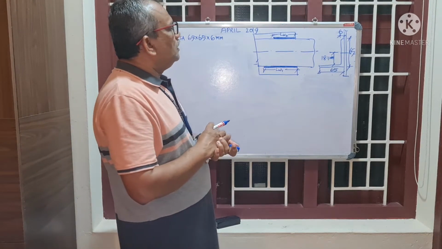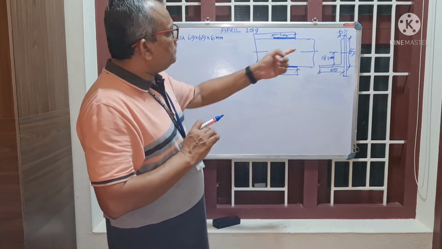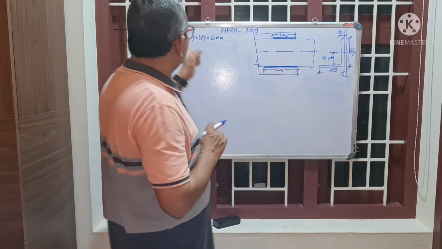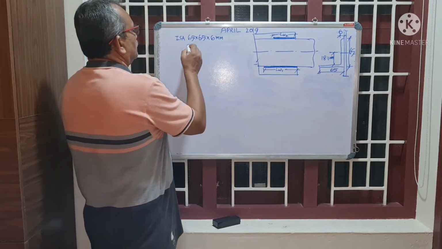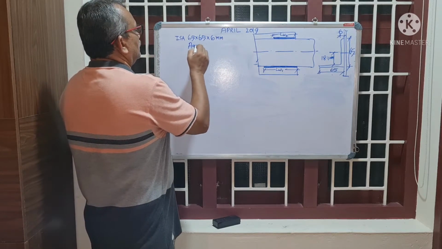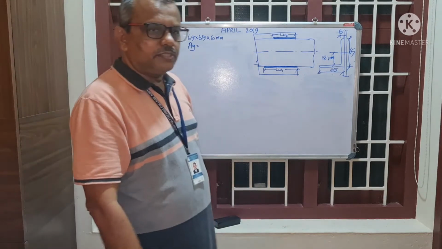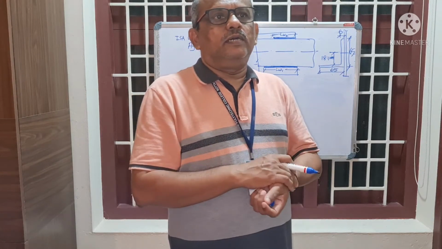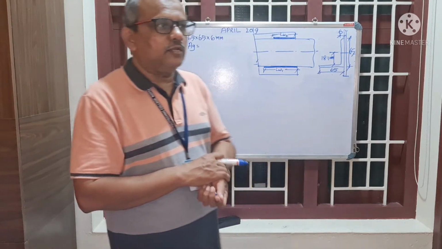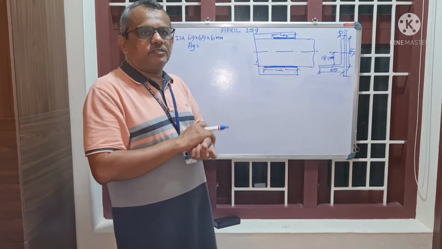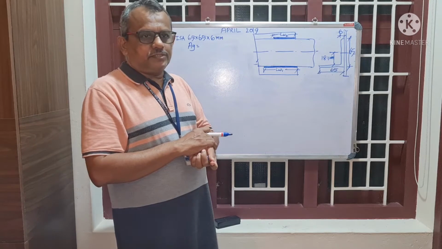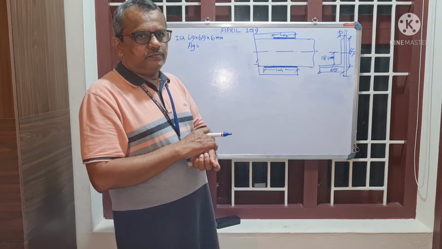Okay. Now, for this particular ISA 65 by 65 by 6, the gross area is directly given in the steel table. You have the steel table with you, so you can directly copy the value. Otherwise you have to calculate the gross area of the angle as we have done in the last video. What is it?